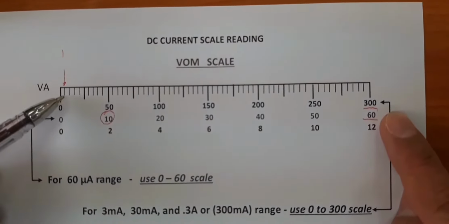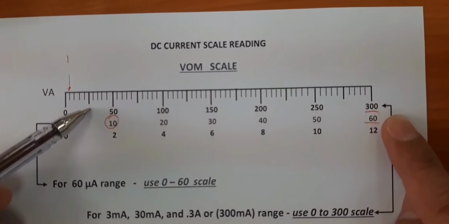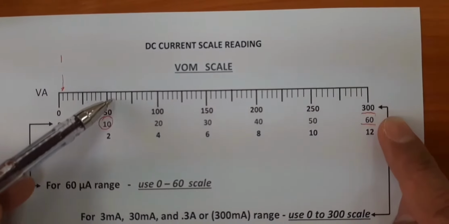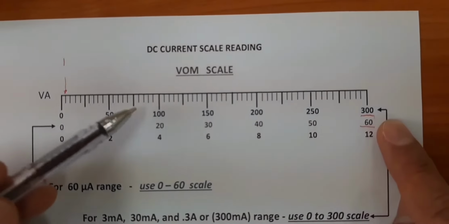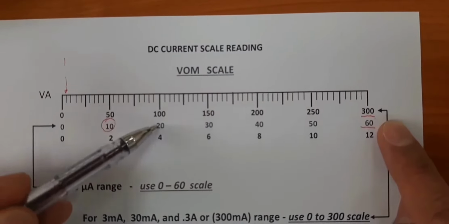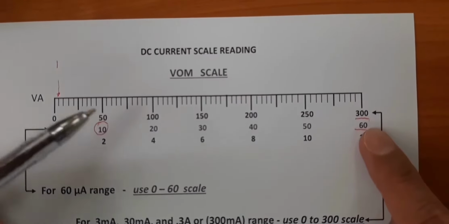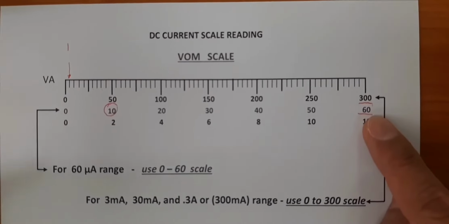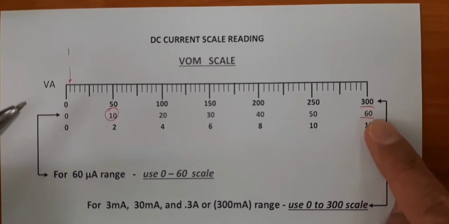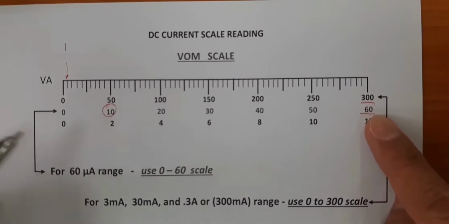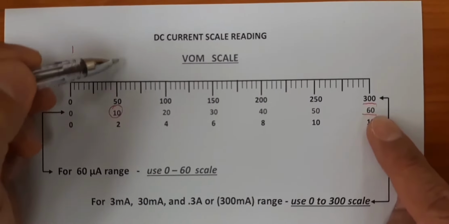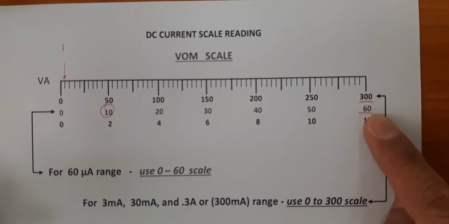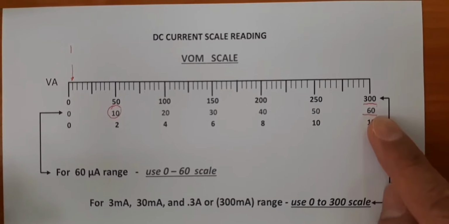If you are going to read this as is, meaning the scale reading is the same as the current rating, only that the unit is microampere.